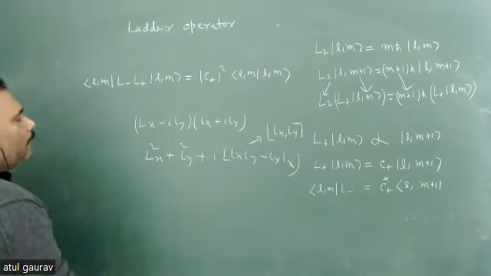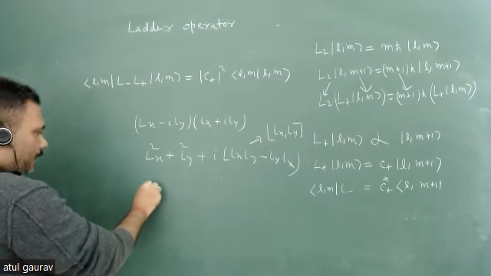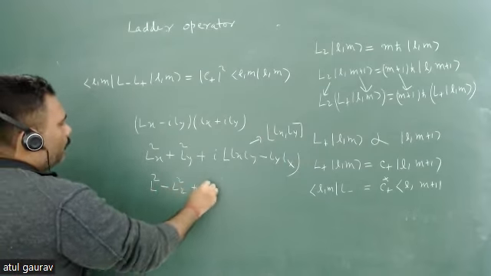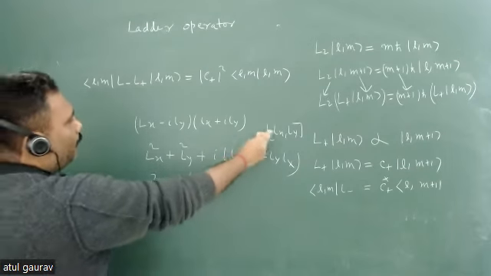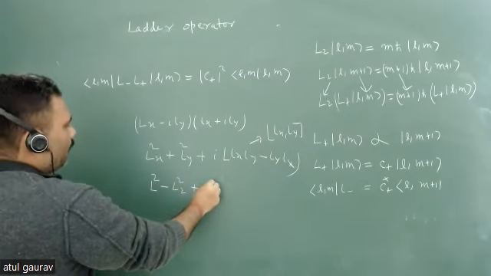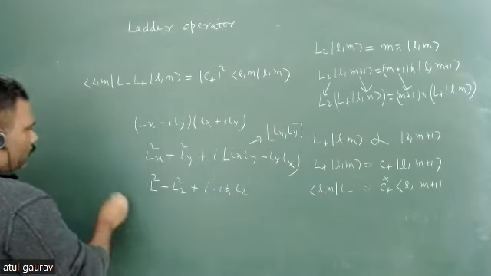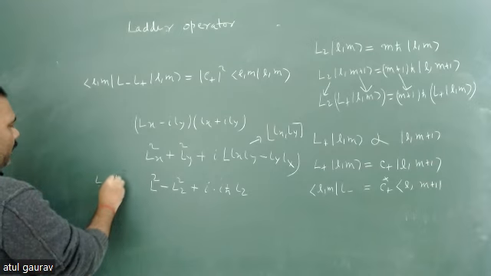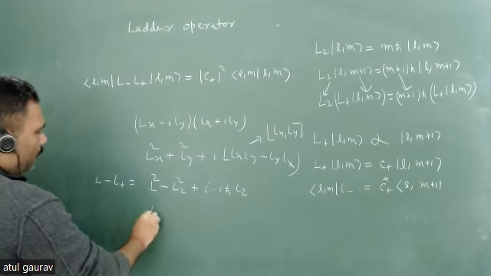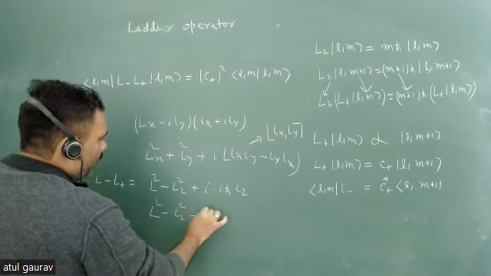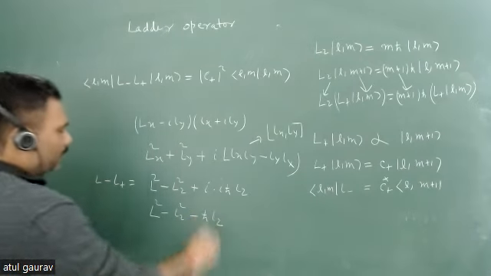So Lx square plus Ly square, I can write as L square minus Lz square, plus i into the commutation of this thing, which is i into i h cut Lz. So my L minus L plus operator is L square minus Lz square minus h cut Lz.